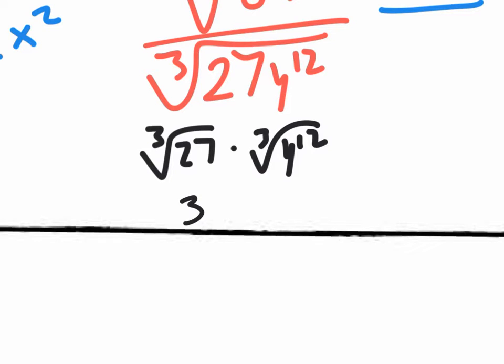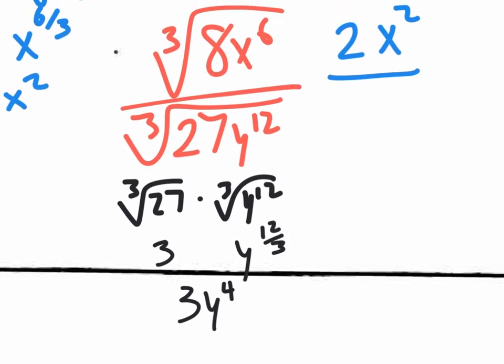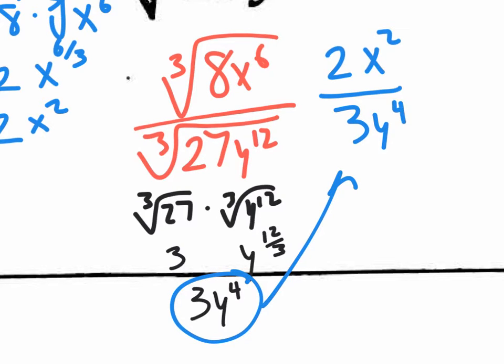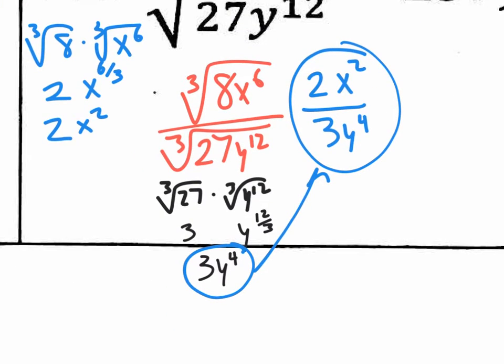And how am I going to rewrite the third root of y to the 12th? 12 thirds. So what is 12 over 3? 4. So we really have 3y to the 4th power. And that's our denominator. So our final answer, take that denominator, put it up there, 3y to the 4th. There's our final answer for that original problem.